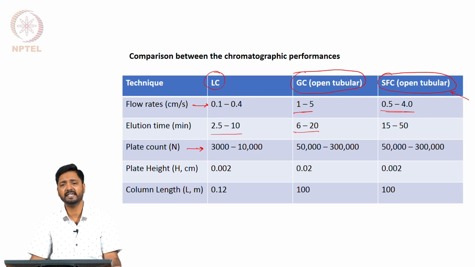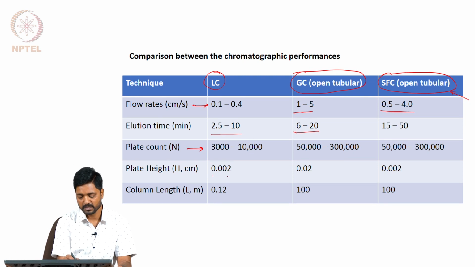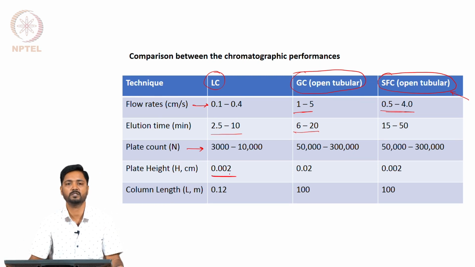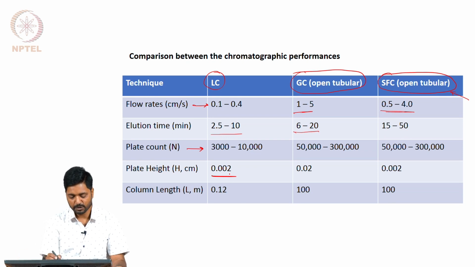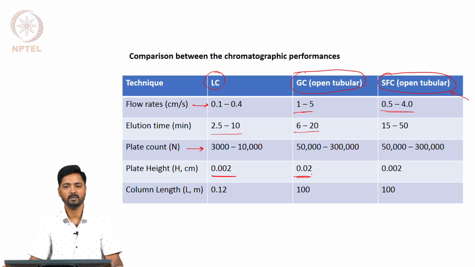The plate height, which indicates how efficient our chromatography is, is the lowest for liquid chromatography systems, and this point we have discussed multiple times. So, I will not be discussing why this happens. For gas chromatography, the plate height is much higher, about 10 times higher than that for the liquid chromatography. That is because of the low density of the mobile phase.